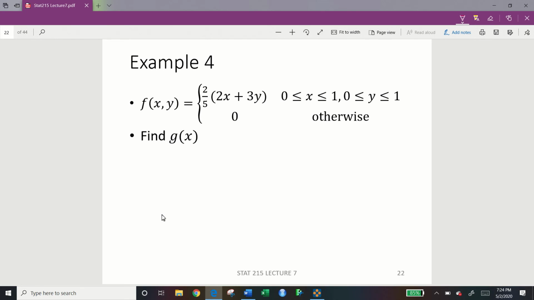For this example I should say, let f of x comma y equal 2/5 times the quantity 2x plus 3y on the bounds from 0 to 1 for both x and y. Let's try to find our marginal distribution g of x.